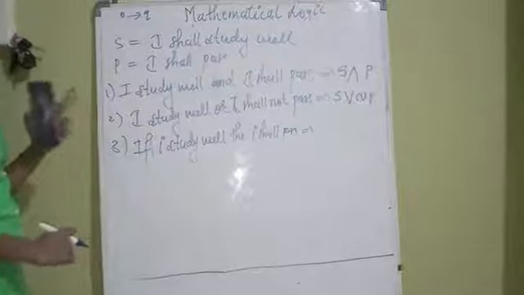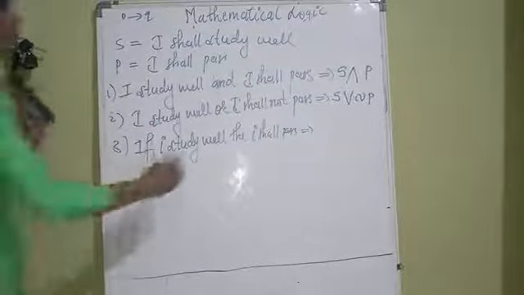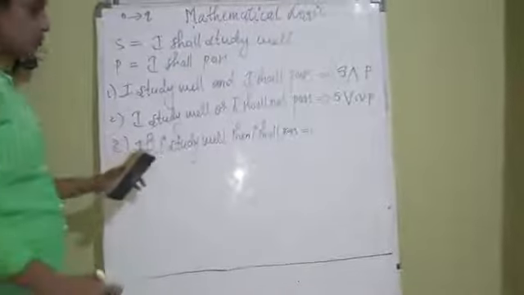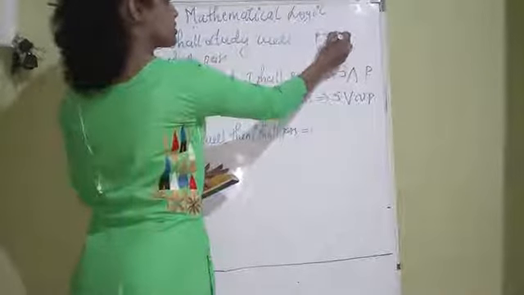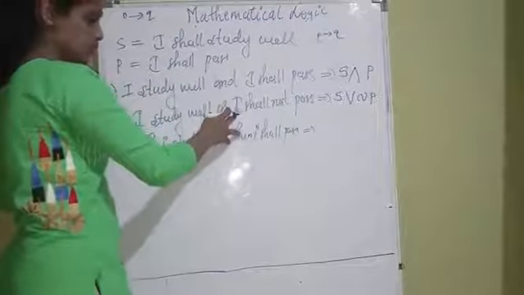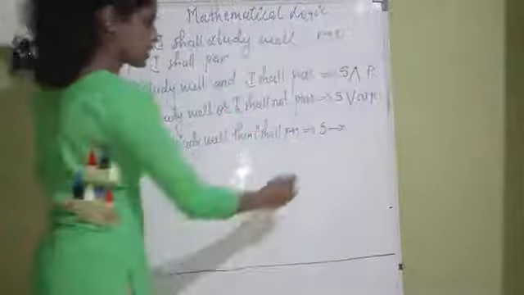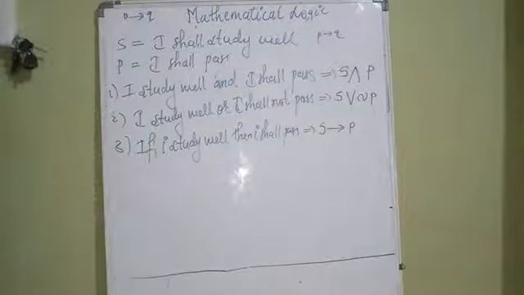If P then Q. So if I study well then I shall pass means we get implication. If P then Q means P implies Q. Correct? So next, if I study well means S implies I shall pass, that is S implies P. S implies P. Correct?